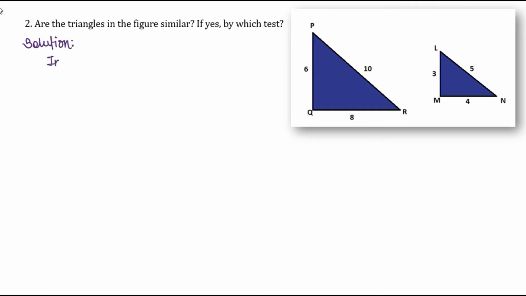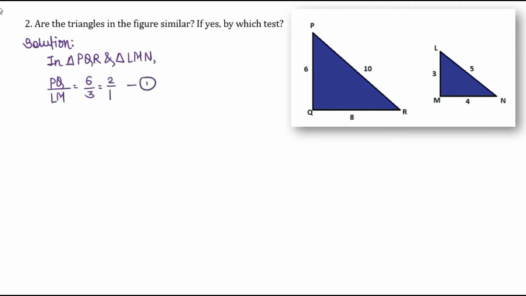In triangle PQR and triangle LMN, PQ upon LM is equal to 6 upon 3, which is equal to 2 by 1.